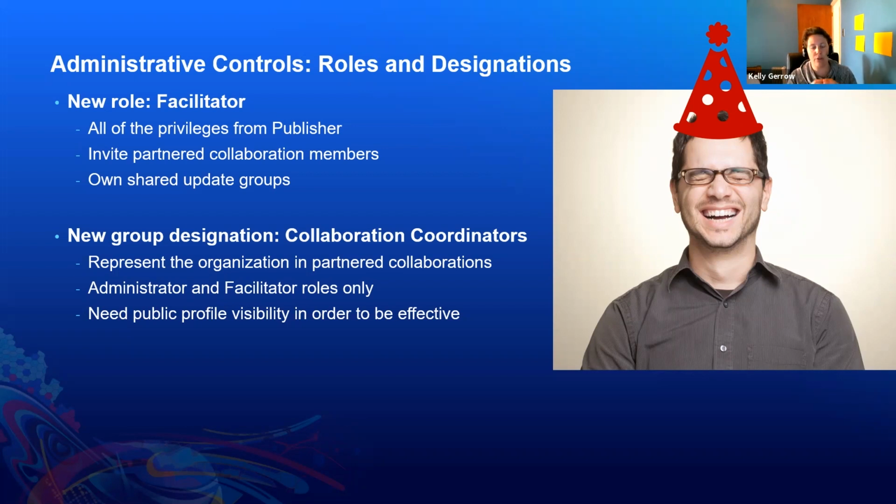So those are really good for projects where people are working together. There's also a new group designation called collaboration coordinators, and they really are the people that represent the organization in partnered collaborations. To be a collaboration coordinator, the member needs to have the administrator role or the facilitator role, and they really need to have their public profile visible, so shared by everyone, in order to be effective.